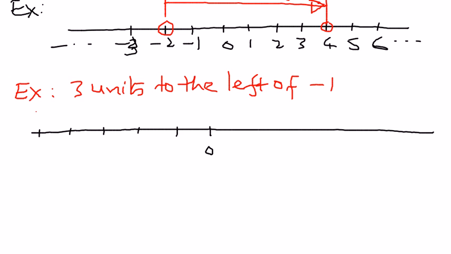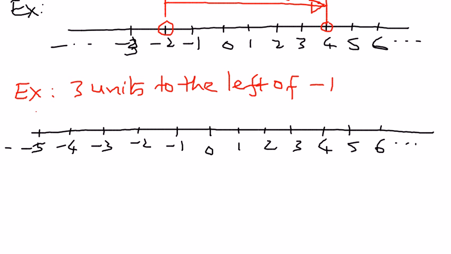On the left hand side of the origin we have negative numbers, -1, -2, -3, -4, -5, and so on. And on the right hand side we have positive numbers, 1, 2, 3, 4, 5, 6, and so on. So we want to identify 3 units to the left of -1.